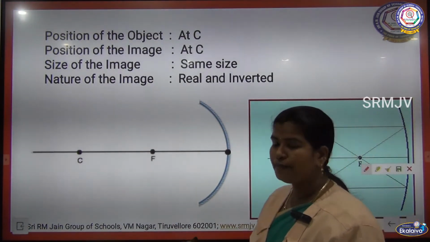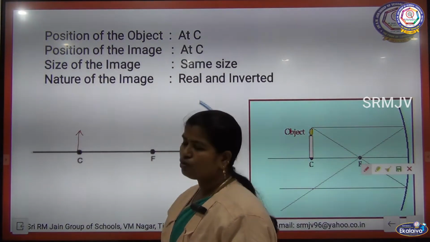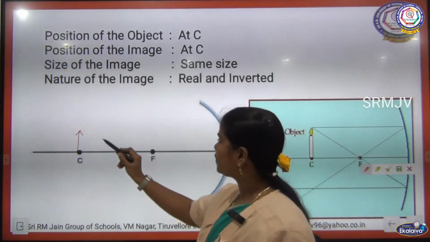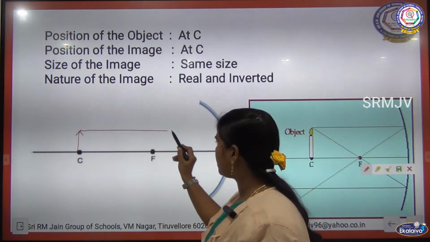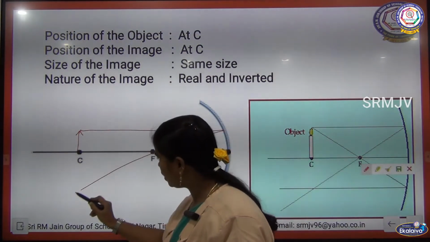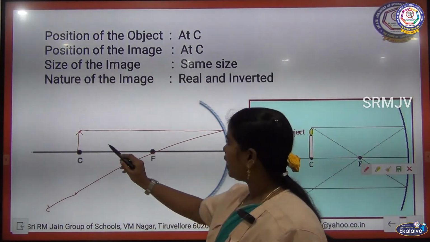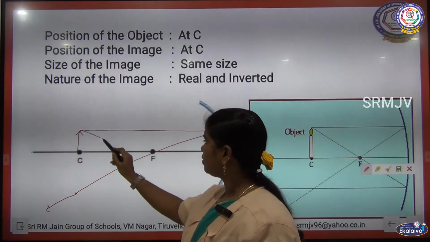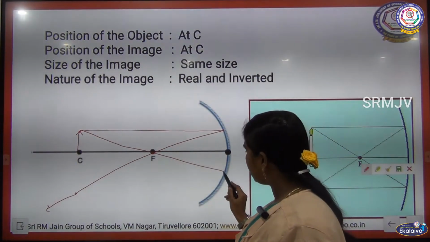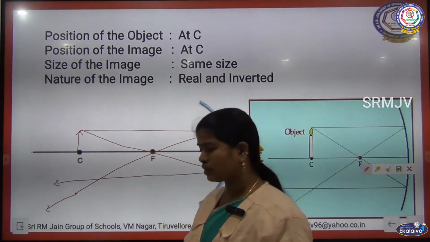Now I am going to keep the object at C. We are going to use two rules, rule 1 and rule 2. A ray parallel to the principal axis, after reflection, will pass through the focus, and a ray through the focus, after reflection, will emerge parallel to the principal axis.